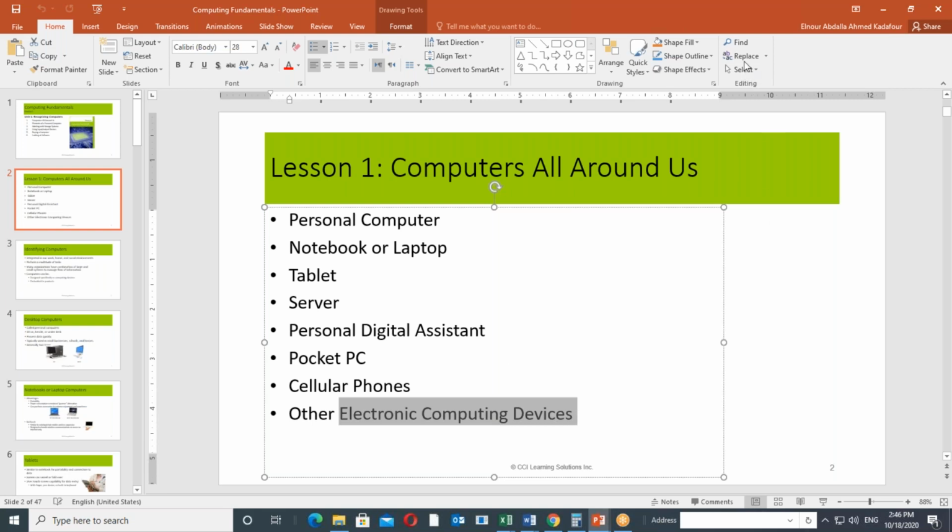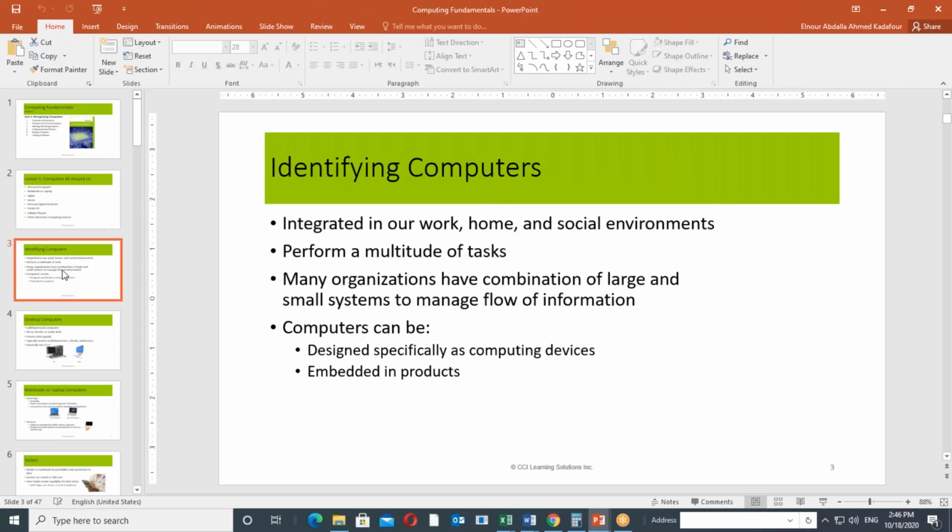Okay, so now let us move forward to the next class, identifying computers. Any device performing these tasks, we can call it a computer.